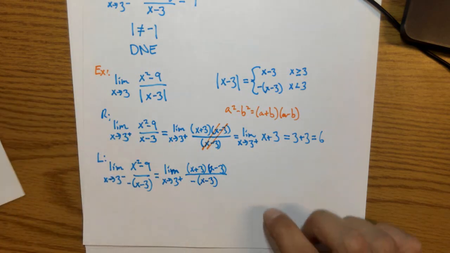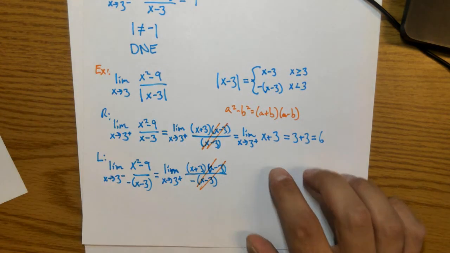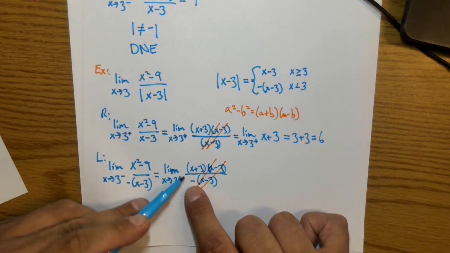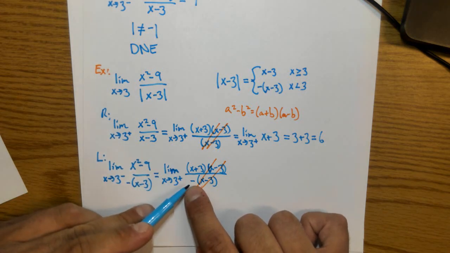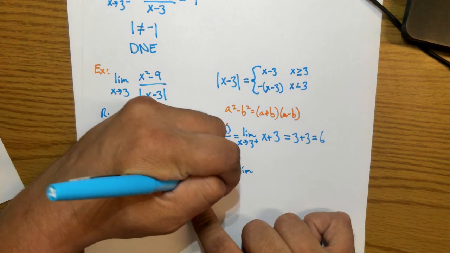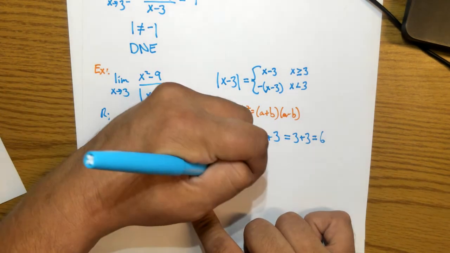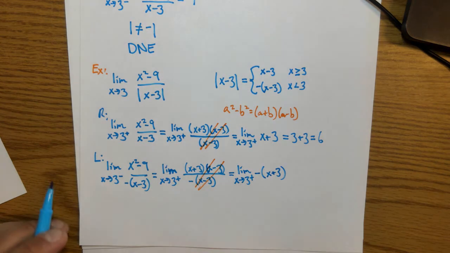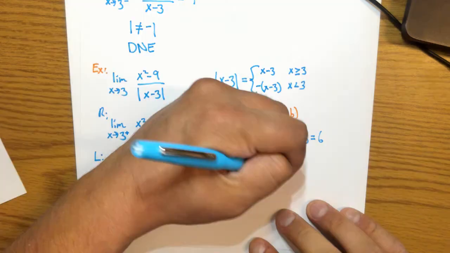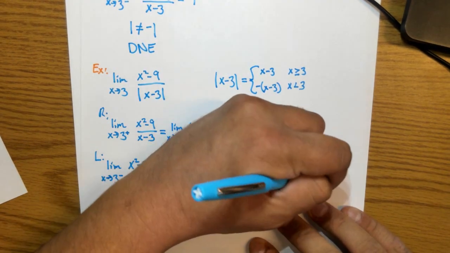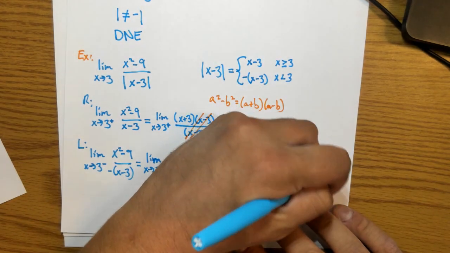And again, we can see this cancels. But look what we're left with. We're left with a negative here. So remember, a negative can either go on top or bottom. It doesn't matter. So I'm just going to rewrite this as the limit as x approaches 3 from the left of negative (x plus 3). Okay. Hopefully you guys are okay with me doing that. So now I can plug it in. I get negative (3 plus 3), which is negative 6.